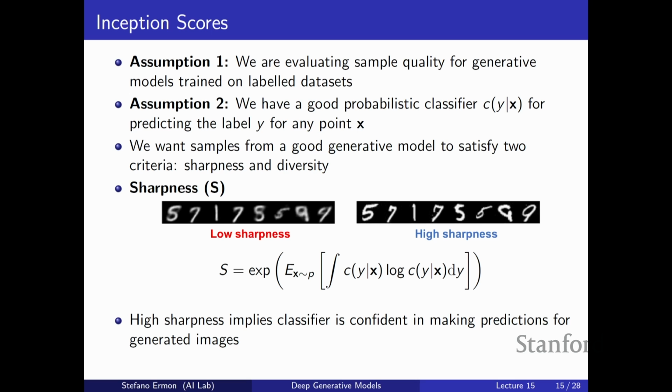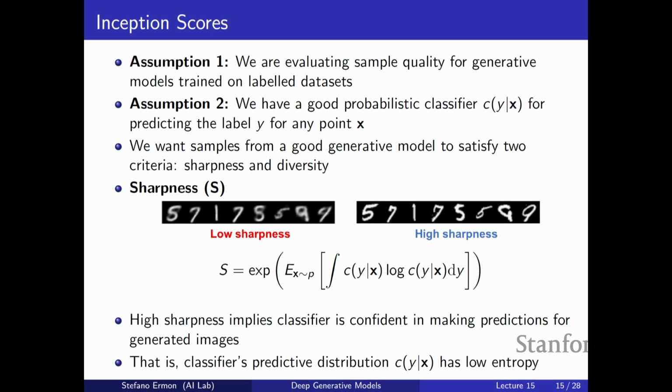The formula looks like this, and it's essentially related to the entropy of the classifier when evaluated on samples. You generate samples from the model, and then you look at all the possible predictions that the classifier produces over the x's that are synthetic. This quantity is related to the entropy of the classifier.